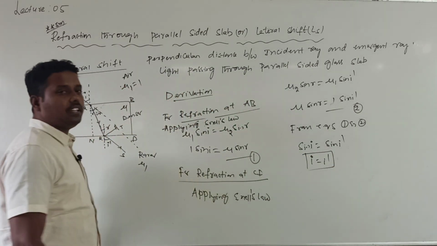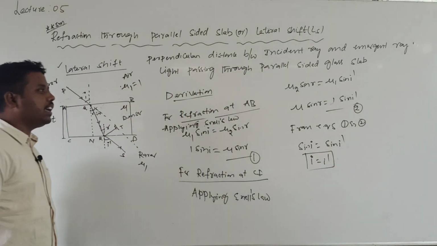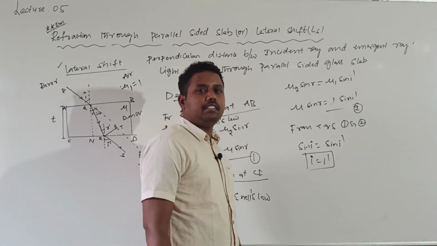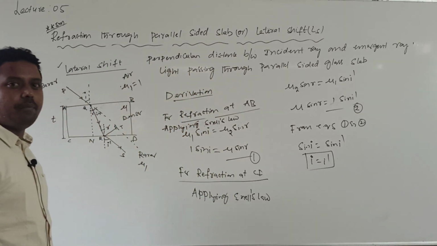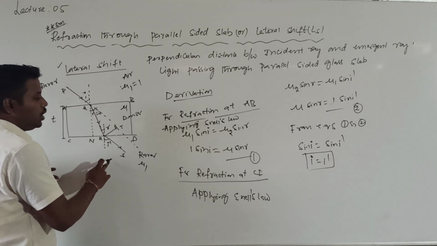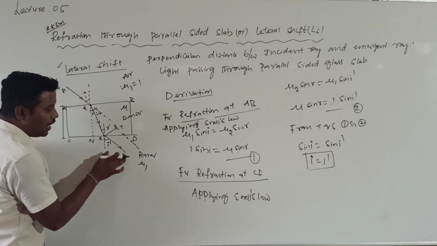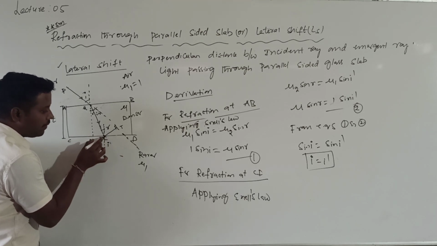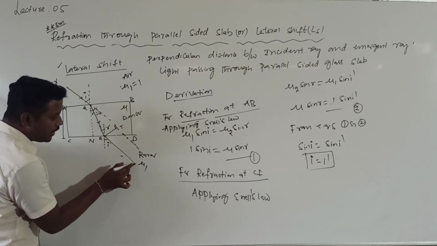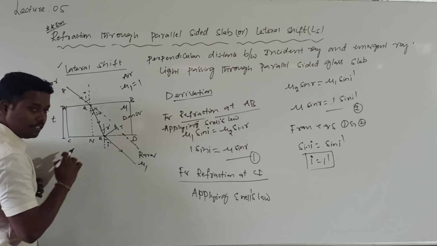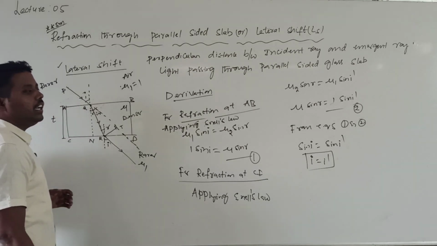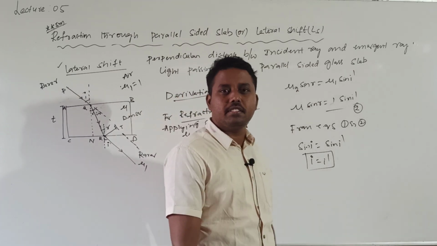What is I and what is I dash? I is the angle of incidence and I dash is the angle of emergence. When I is equal to I dash, you can see in the diagram, the emergent ray is parallel to the incident ray. Only then are the I value and I dash value both the same.